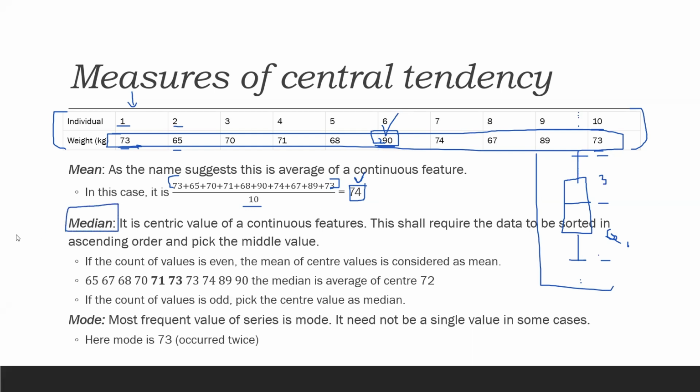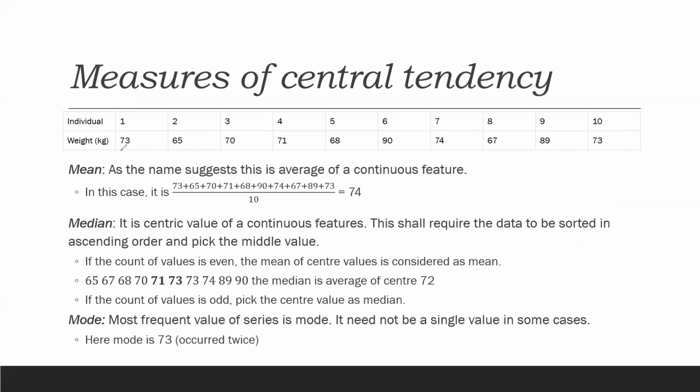Now, what is the median? You have this data set. What you'll try to do is arrange it in increasing order, or you can also arrange it in decreasing order. When I arrange it in increasing order, the values look like this. This is my lowest value and this is my highest value. Say, for example, in the previous case I said it's 290, this can also become 290.